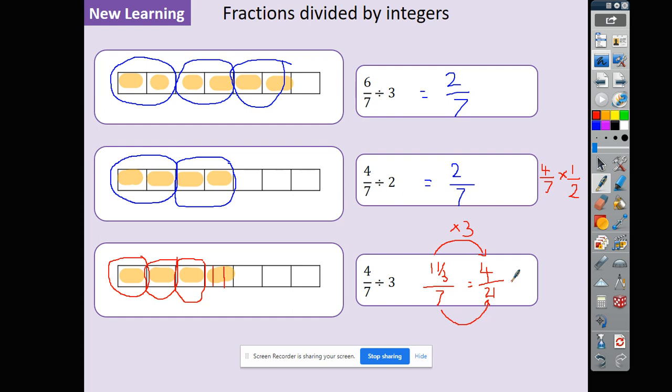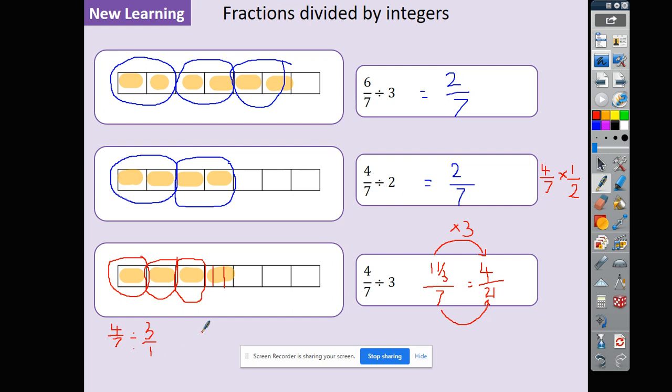Now remember our other method that we looked at on the previous slide? You could use that here. So you could say, well, 4 over 7 divided by 3, and remember we can put 3 over 1 because it's the same as writing 3.